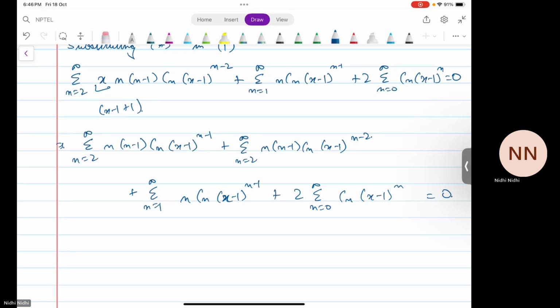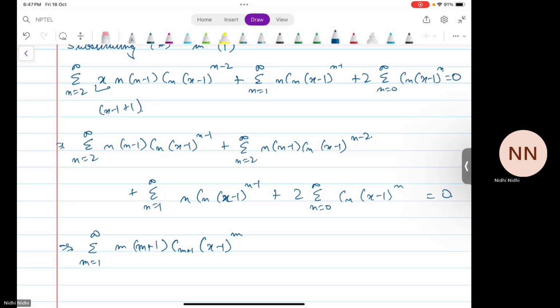So that we will get summation m from 1 to infinity m times m plus 1 times cm plus 1 (x minus 1) to the power m. So here we have basically substituted m equals to n minus 1 in the first series.